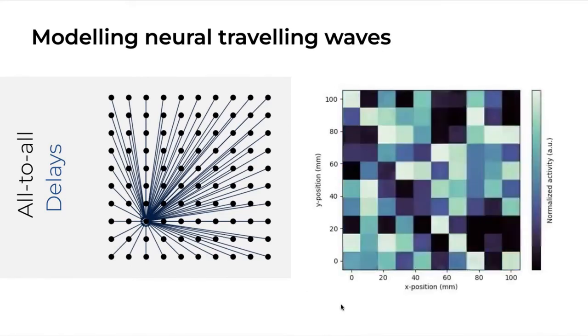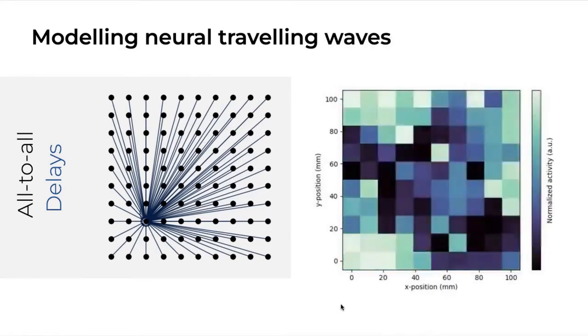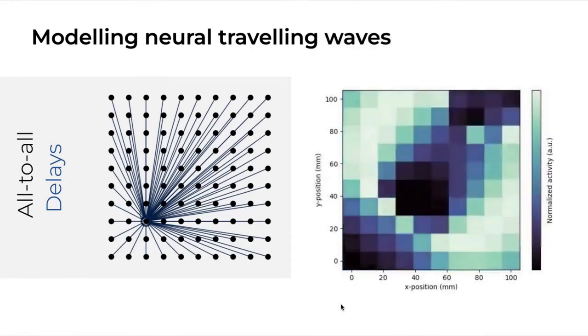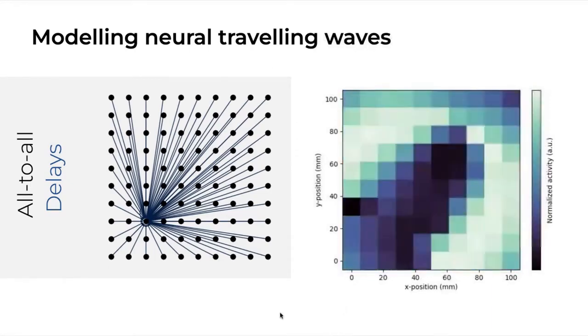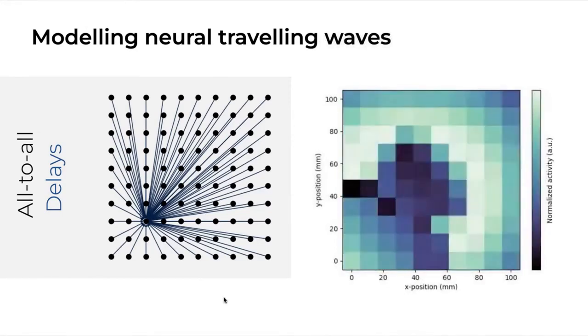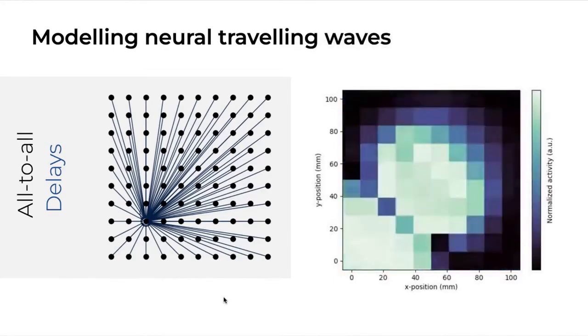And let's have a look at what effect this has on our model. And in fact, you see traveling waves emerging very quickly. So it looks like we have discovered another mechanism that can actually produce or allow the emergence of traveling waves in a system where we even have all-to-all connectivity.